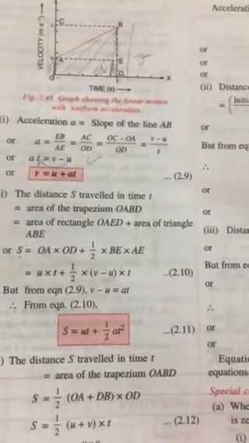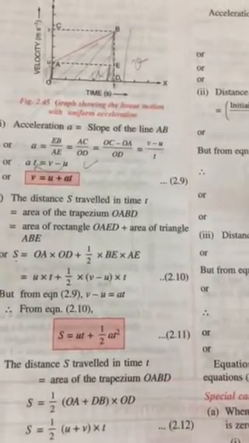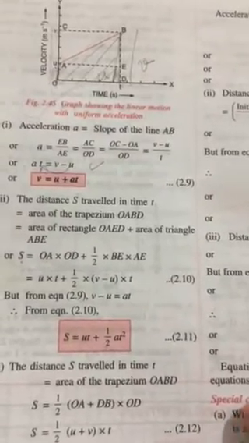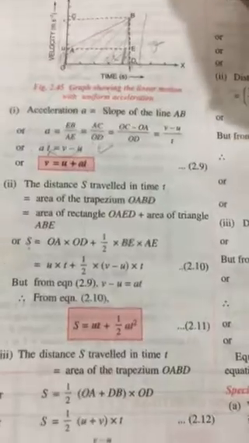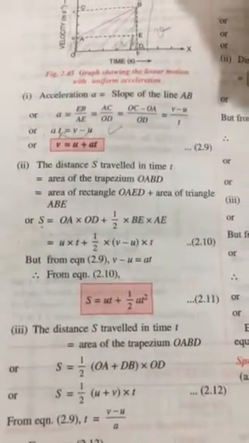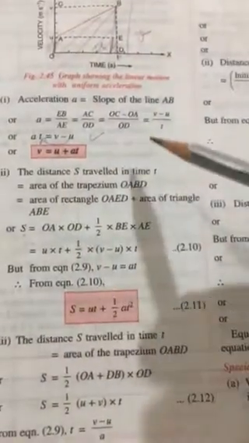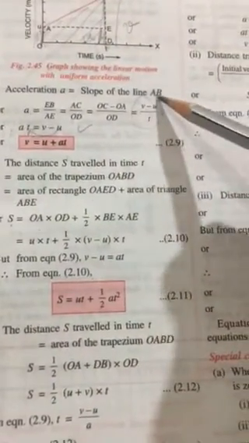Hence have a look. Half into U plus V into T, where U is OA, BD is V and OD is the time, that is T. And T is V minus U upon A. This we have obtained from the earlier result.